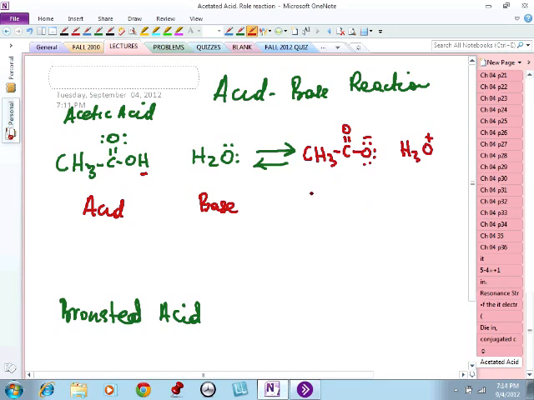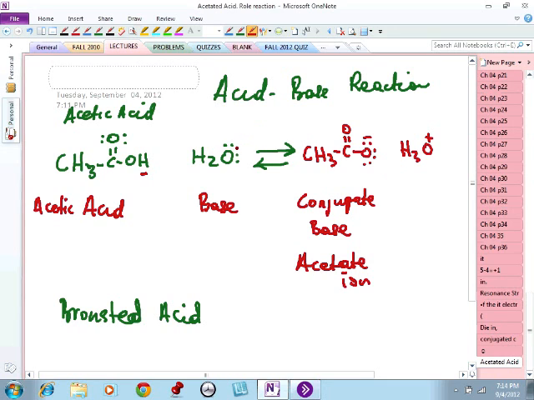And then here, the product that you obtain when you lose that proton is what we call the conjugate. This here is the acetate ion. So the acetate ion is a conjugate base of the acetic acid. After you lose the proton, the product that you obtain we refer to as a conjugate base.